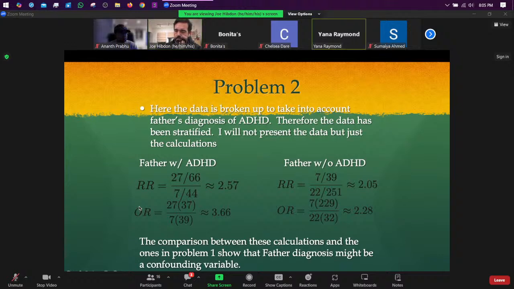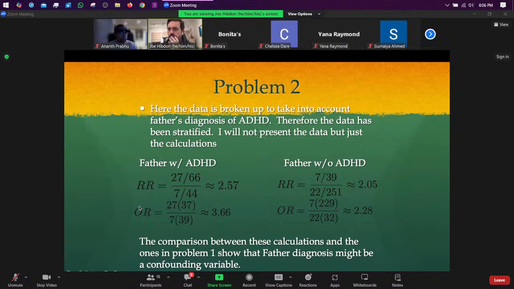It says estimate the relative risk and odds ratio for a child's diagnosis of ADHD relative to exposure to lead paint, stratified by the father's diagnosis of ADHD, i.e., for fathers with and without diagnosis.